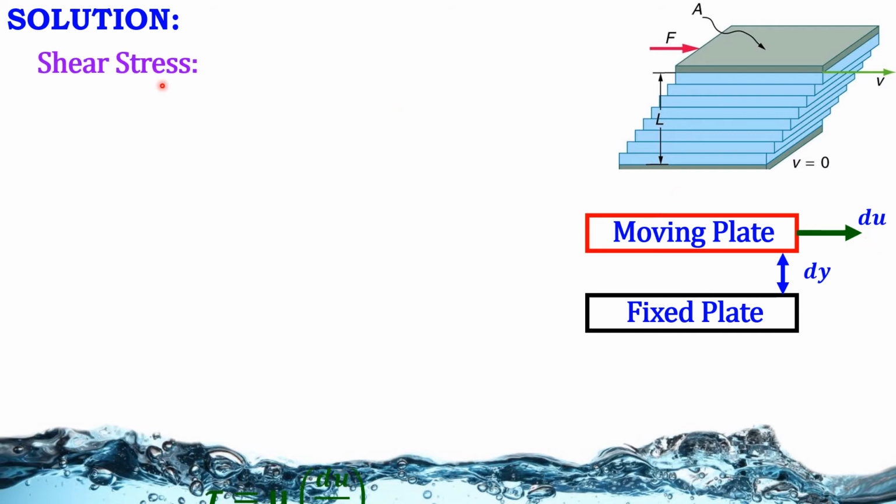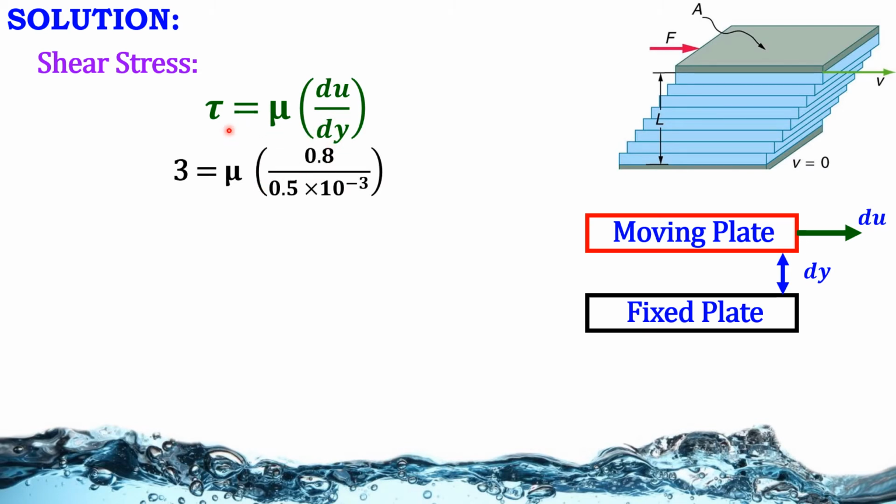First, shear stress. Tau is equal to mu into du by dy. We know that tau is equal to 3, du is 0.8 and dy is 0.05 into 10 to the power minus 3. Substituting your values over here, we get mu is equal to 0.1875 into 10 to the power minus 3 Newton second per meter square.